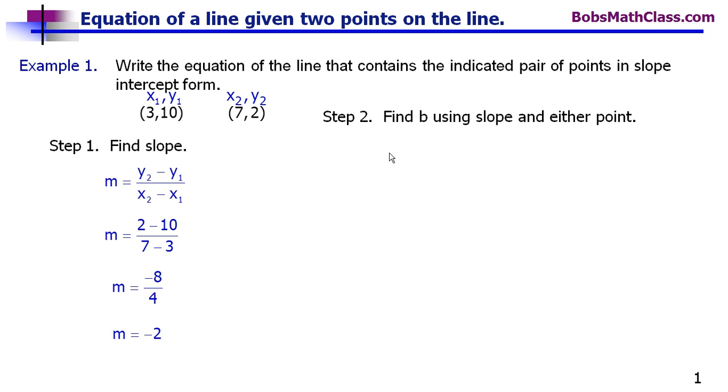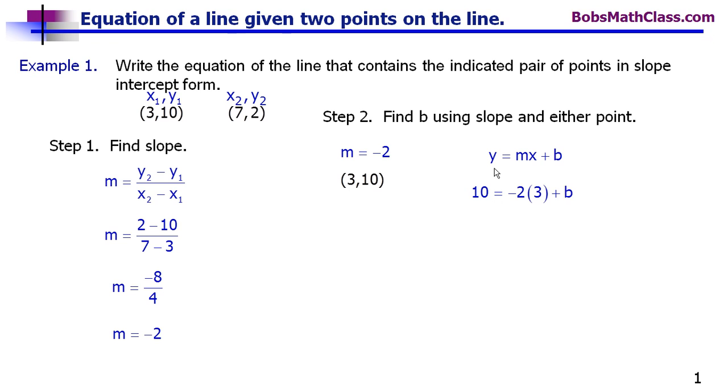Well, we need to find b, and we're going to find b using the slope and either point. You could use either one of these, 3, 10, or 7, 2. So write down y equals mx plus b. And I'm going to use 3, 10 for my point. But if you want to use 7, 2, you can. It'll still work out. So we have our slope, which we found, negative 2. And we have our x and y. x is 3, y is 10.